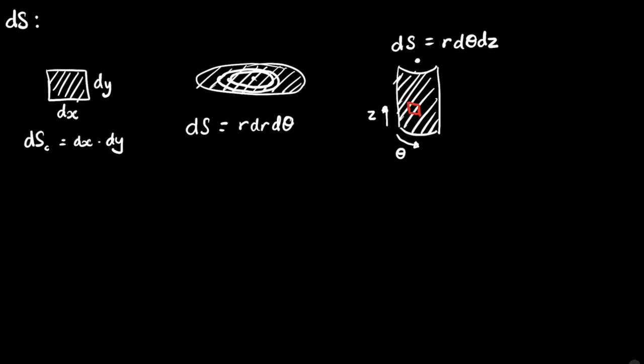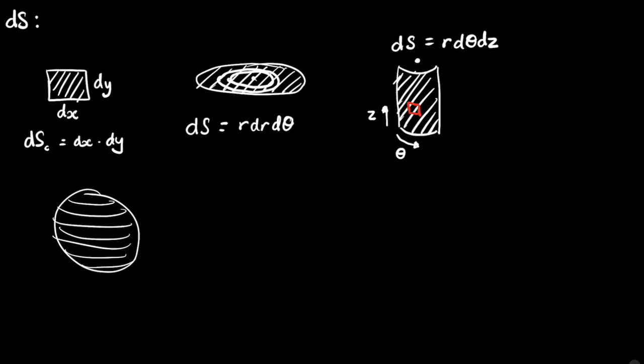And lastly, this is also a pretty important one, a spherical surface right here. So we have some spherical surface, some kind of spherical shell. You're going to be doing a lot of these integrals, I can tell you that. So it's important to know the area element. So ds for a sphere is r squared sine theta d theta d phi right here.